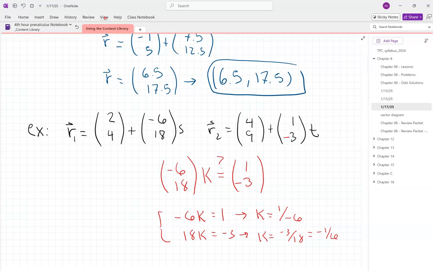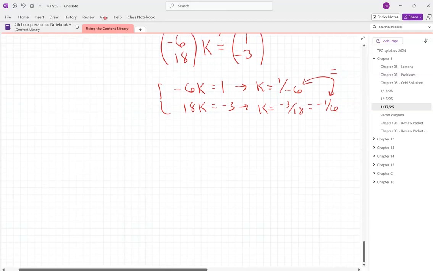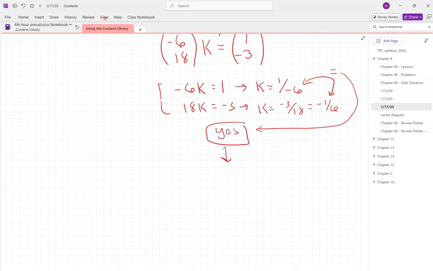So I have 1 over negative 6 and then negative 1 over positive 6. Are those still the same thing? Yes, right? Since that's equal, we know they're either parallel or coinciding.